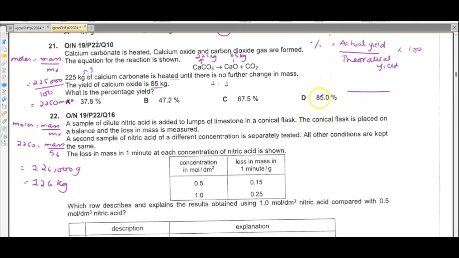So theoretically, we have 126 kgs that were produced from decomposition of 225 kgs of calcium carbonate, but the actual yield that was produced was 85 kgs because there must have been losses, and since carbon dioxide was also produced in the reaction, no reaction is 100% efficient. So after multiplying 85 with 100 and dividing it with 126, we have a percentage yield of 67.4%. Okay? So C is going to be our correct answer for it.